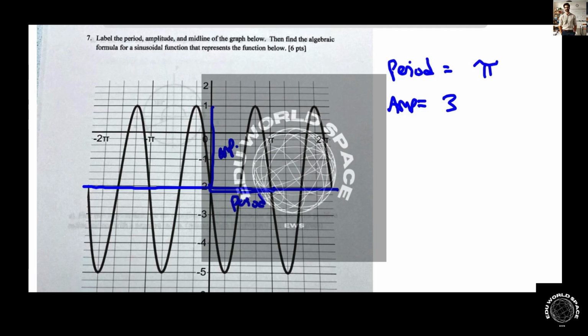We've got the midline. Now, if you know much about how the sine and cosine begin, the typical sine graph, I'll do in green. It starts at 0, 0.